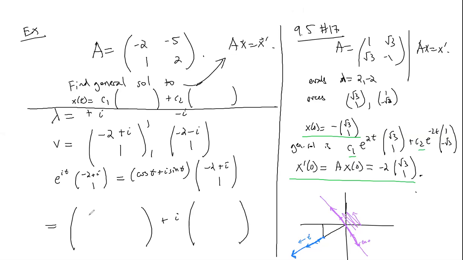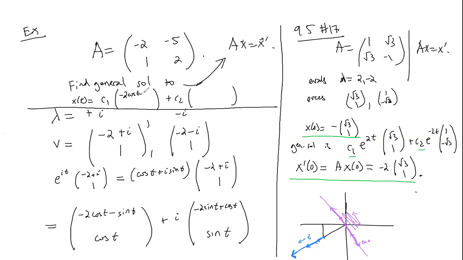Okay, so the real part will be -2 cosine of t minus sine of t, and this will be cosine of t. And its imaginary part will be -2 sine of t plus cosine of t, and this will be sine of t. And so its solutions are exactly just these.